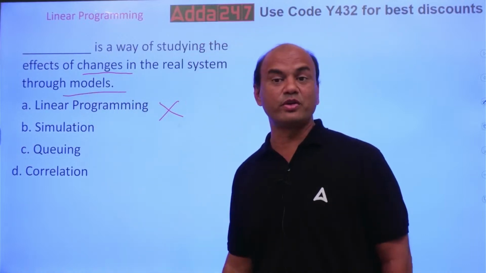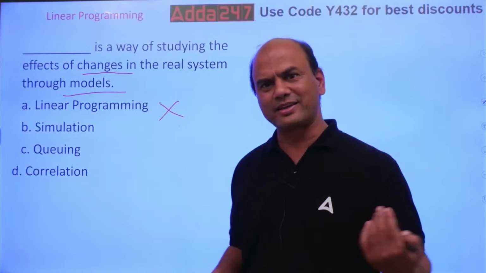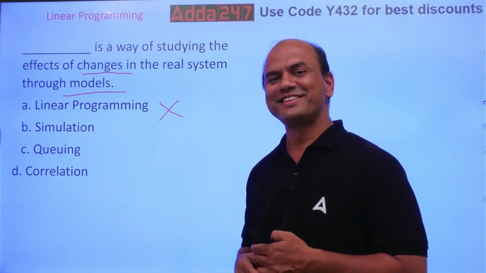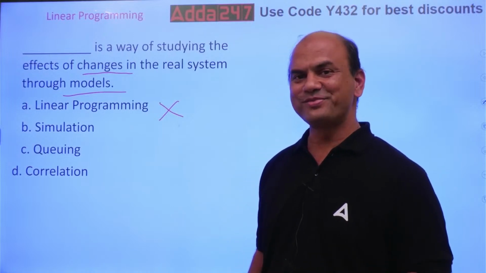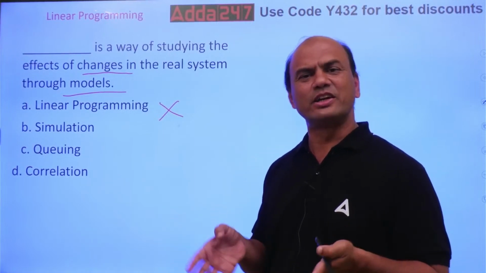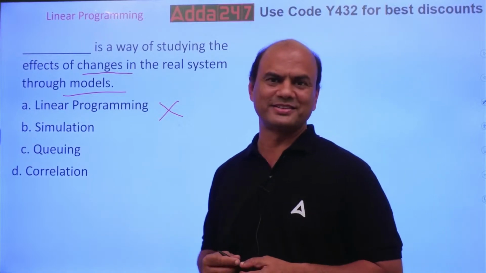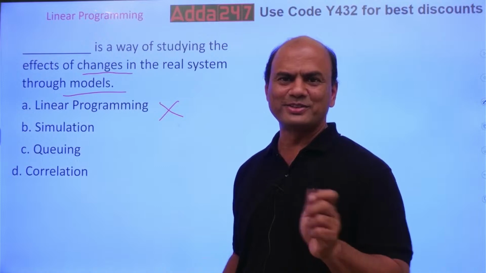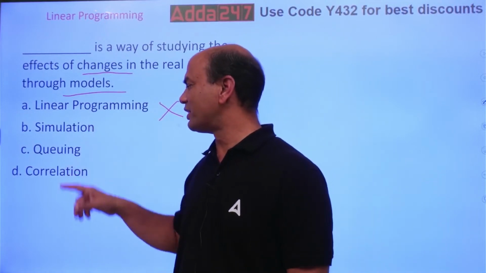Models mean futuristic. Linear programming is the past, history. In linear programming, you have the constraints, a set of equations, and you are finding the answer, the objectives. LPP is not the answer. Models are either simulation, queuing or correlation.